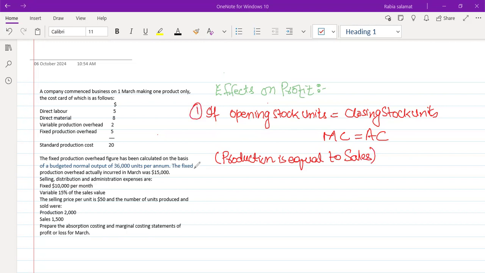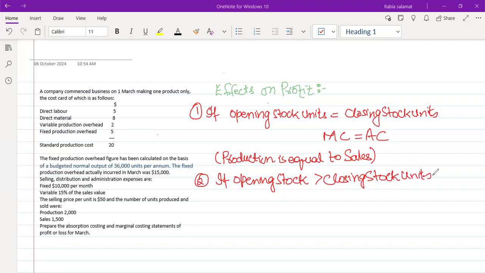In the second case, if opening stock units are more than closing stock units, then your marginal costing profit is more than absorption costing profit.